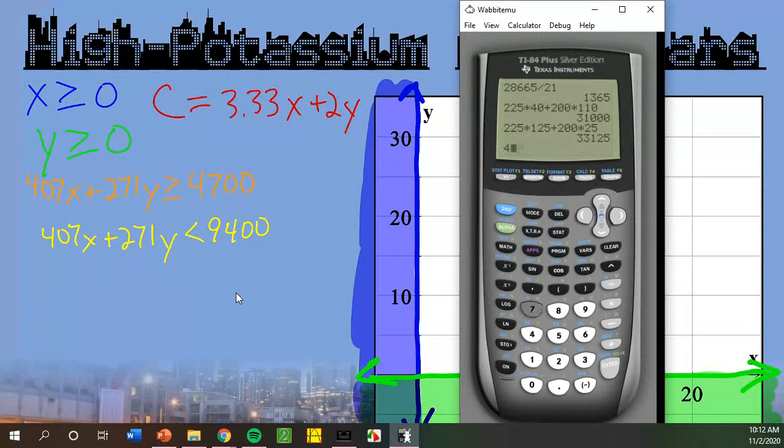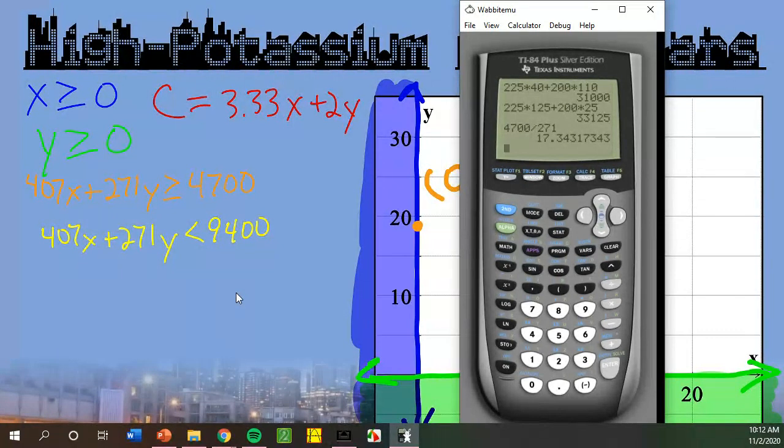So I'm going to do 4,700 divided by 271, and that will give me a y-intercept of about 17.3. So when x is 0, y is about 17.34. Let's just be really specific.